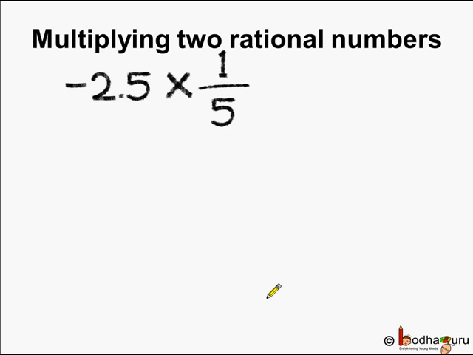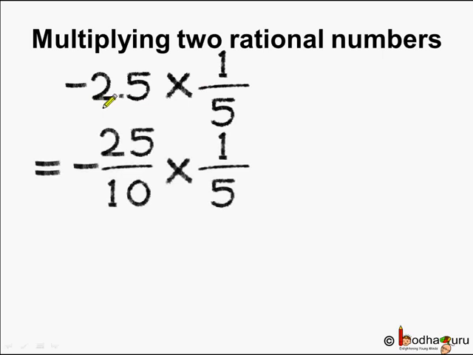Let us see what happens when we multiply two rational numbers. Here we have minus 2.5 multiplied by 1 by 5. Now, minus 2.5 can be written as minus 25 by 10. We remove this decimal from the numerator and we get 10 in the denominator.